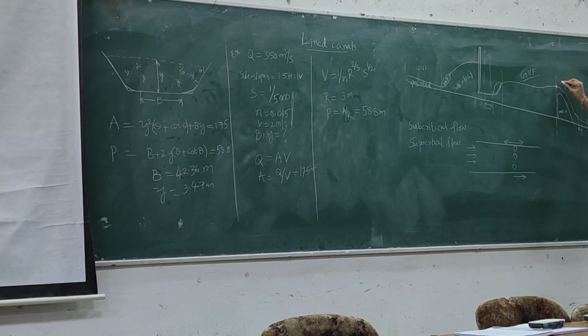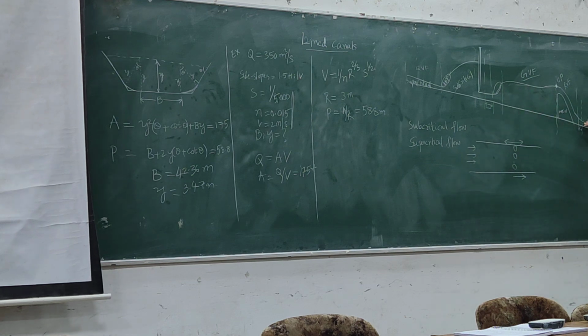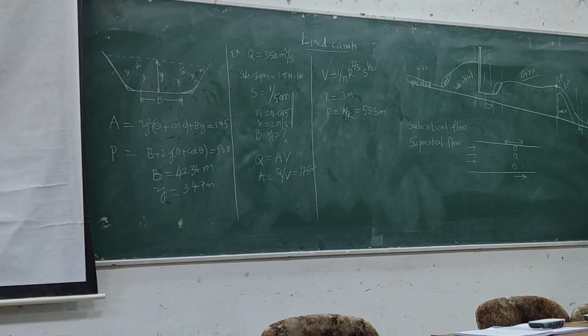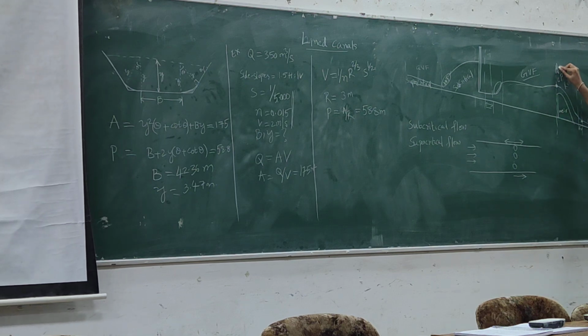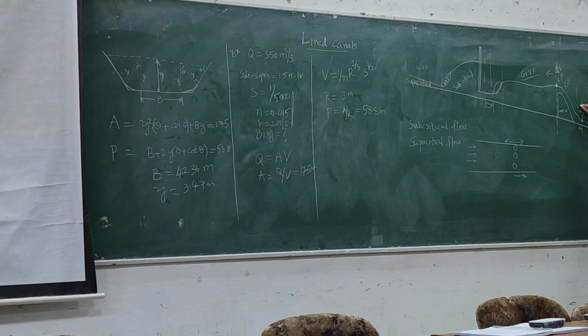If it is a subcritical flow, this is our control point, and if we have information at this point, then we can calculate what this profile is going to look like. And what about this section where we have supercritical flow? For supercritical flow, it is going to be on the upstream. So for subcritical, it is on the downstream, and we calculate the properties on the upstream. For supercritical flow, the control point is on the upstream, and we calculate the properties downstream.